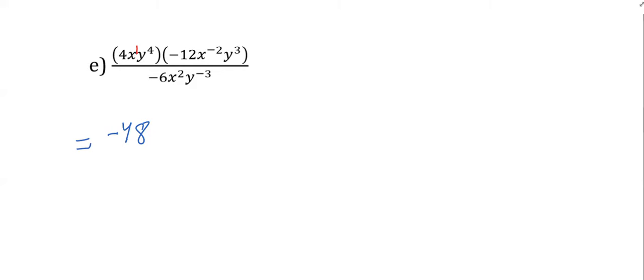X to the -1 minus 2. What's -1 minus 2? Nice. X to the -3. And y to the 7 minus -3. Those 2 negatives makes positive, so it should be nice. Y to the 10.